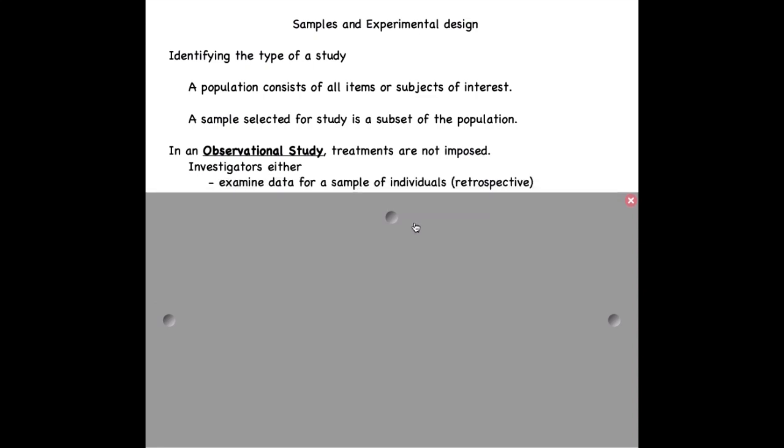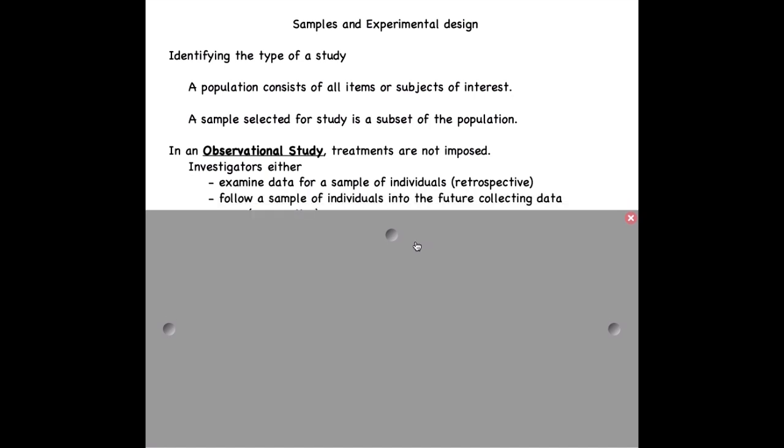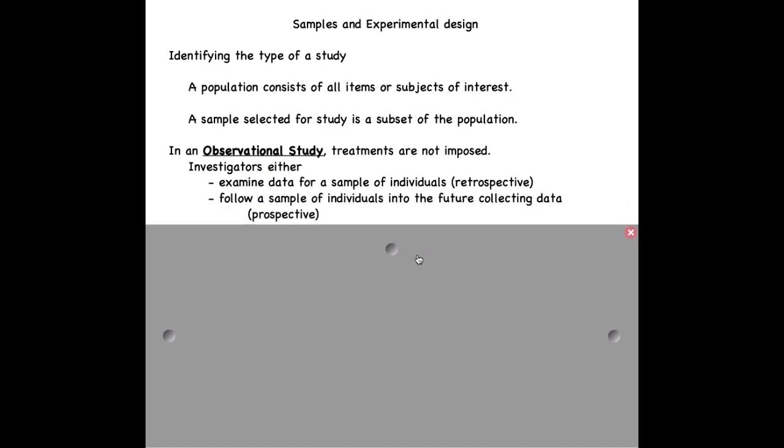In an observational study, treatments are not imposed. Investigators are either examining data for a sample of individuals, so if they already have data from their medical records or gathered some other way, that's called a retrospective study. If they follow a sample of individuals into the future and collect data, that's called a prospective study.